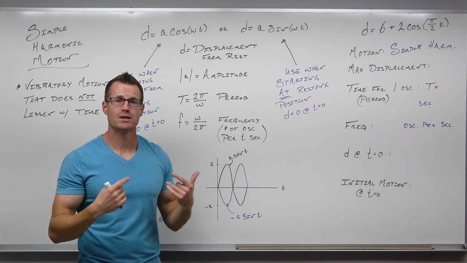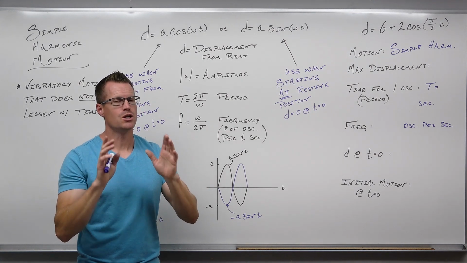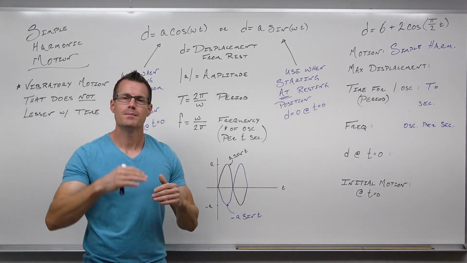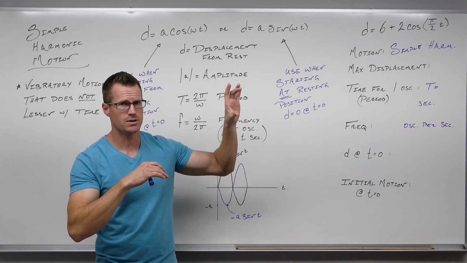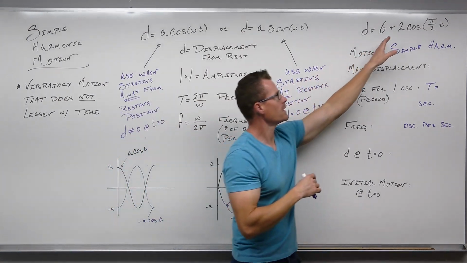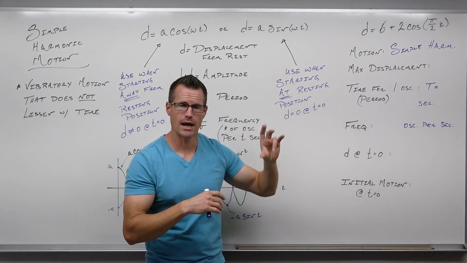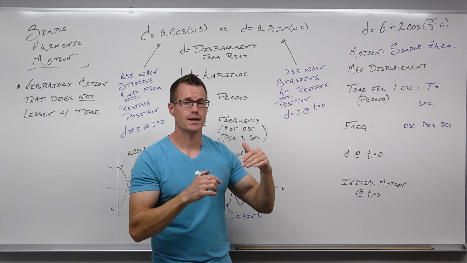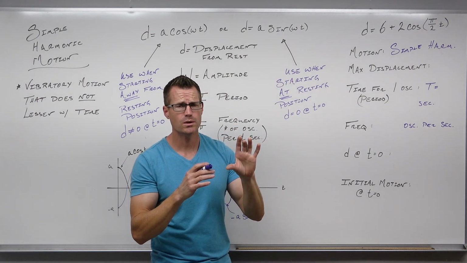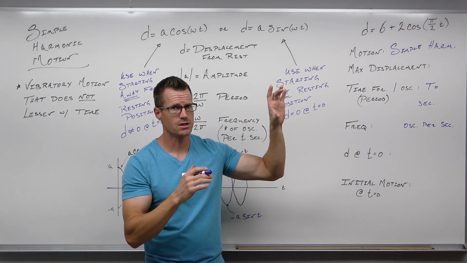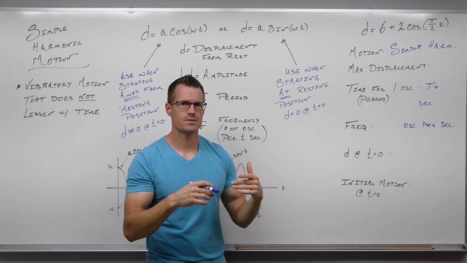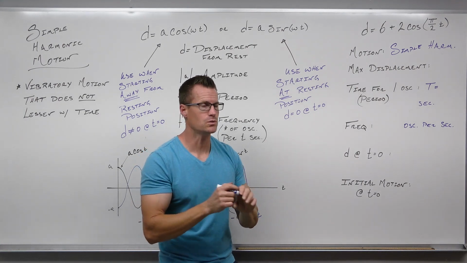What's its maximum displacement from rest? Not 8. Why? Because 6 is its resting position. From there, it will climb 2 or go down 2, that's fine, but it's only changing 2 units, 2 meters from its resting position. So its maximum displacement from rest is still 2.